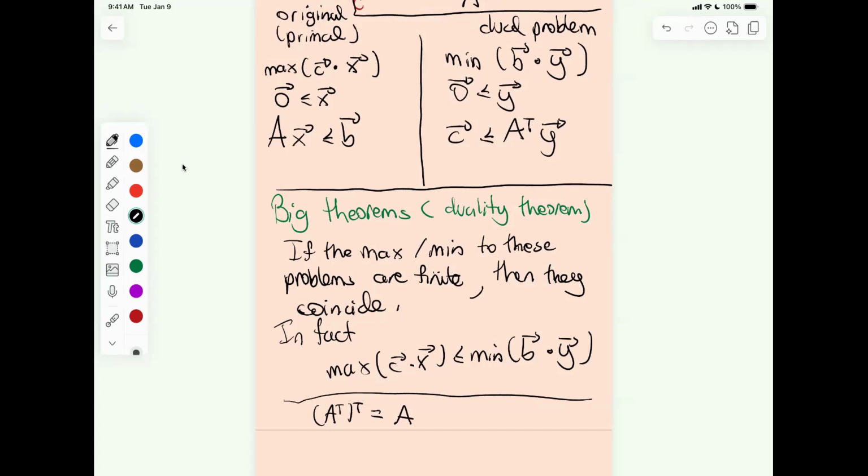It's really more like a mirror image. The mirror of this is this, and if you take the mirror of this, you get back to the original one. That's why it's called duality. In mathematics, a duality means an operation that has a twin of sorts, and when you look at the twin of the twin, you get back to where you started.